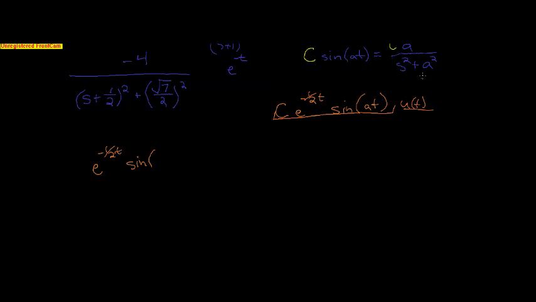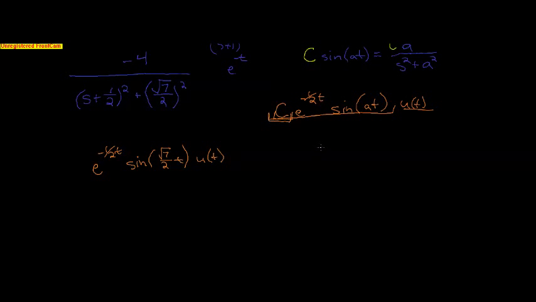If it is in this form, this is a, so this would be radical 7 over 2 t, u of t. The only thing we need to figure out is the constant in front, because this is definitely not a.